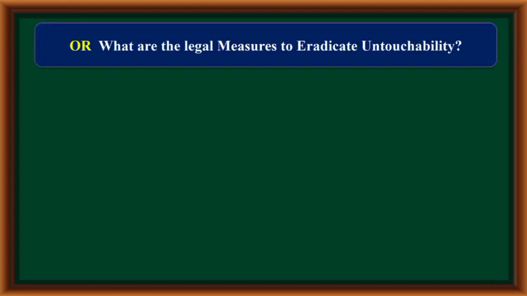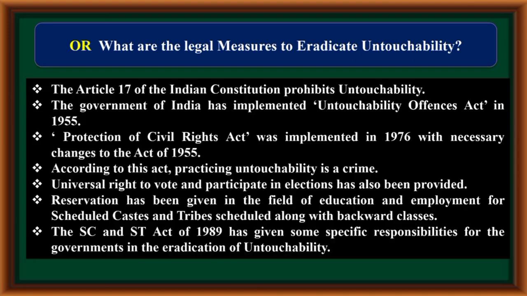Or, what are the legal measures to eradicate untouchability? Article 17 of the Indian Constitution prohibits untouchability. The Government of India implemented the Untouchability Offences Act in 1955. The Protection of Civil Rights Act was implemented in 1976 with the necessary changes to the Act of 1955.